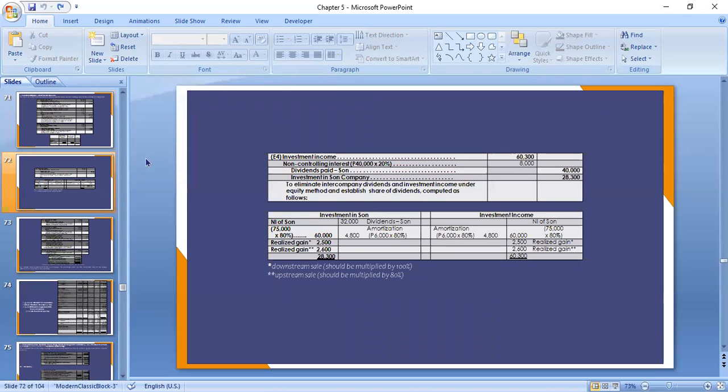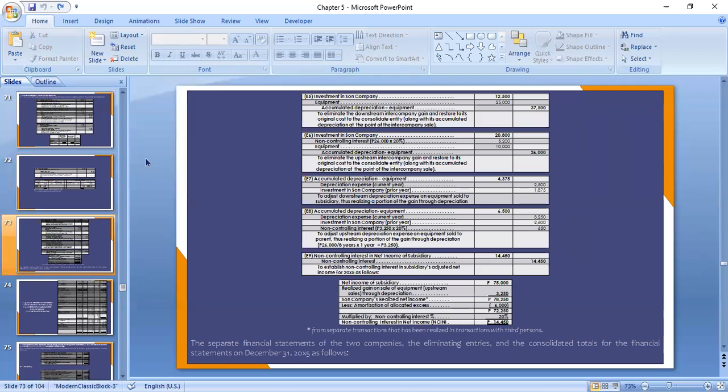Debit investment income, debit non-controlling interest, credit dividends paid, and investment in Sun to eliminate intercompany dividends and investment income under equity method and establish share of dividends computed as follows. So we have now investment in Sun. Okay, we have the debits and the credits, as well as the investment income account.